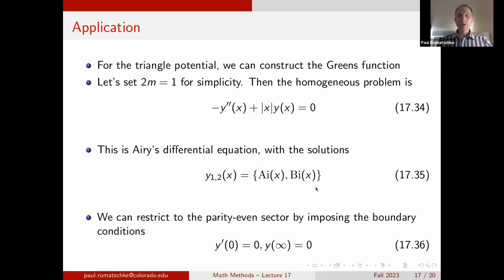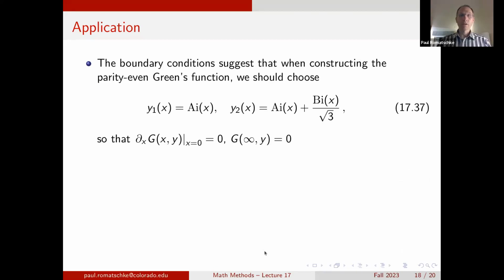And if we wanted to restrict to the parity even subsector, we have to impose the boundary condition that the solution vanishes at infinity and that its first derivative at 0 is equal to 0. We can then find that there's a particular combination of the functions Ai and Bi that fulfills these two conditions.